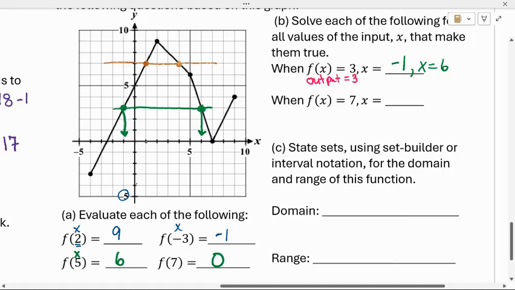Are we following? What input value gives you an output of 7? X is 1. What other input value gives you an output of 7? 4. Okay.